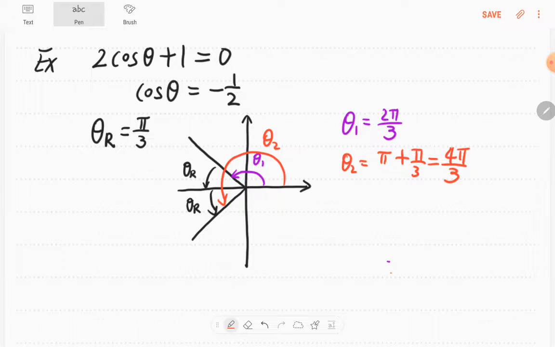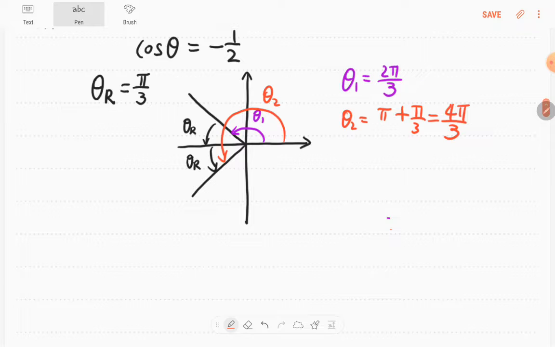Okay, so these two angles have cosine value negative 1/2, right? And we also know that the coterminal angles have the same cosine value. So we can summarize. If the terminal side is in the second quadrant and the terminal side is in the third quadrant, that includes all the solutions.